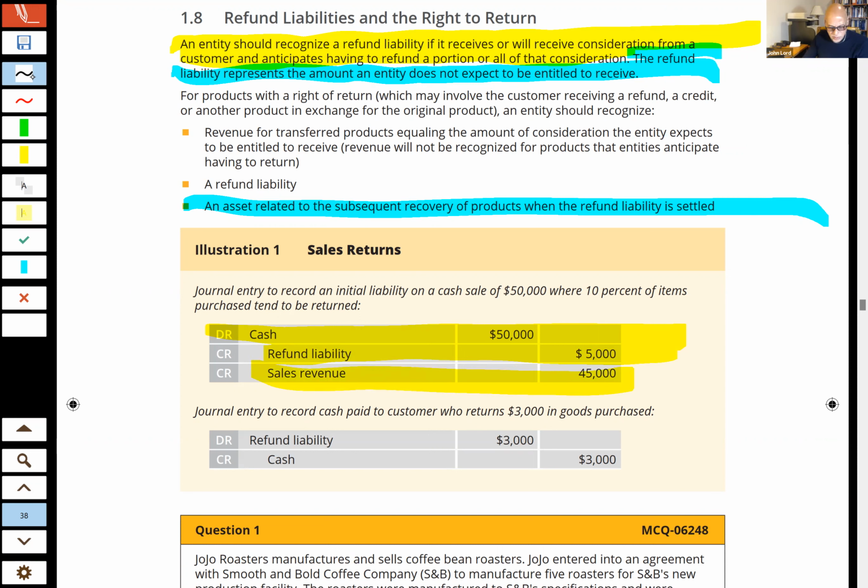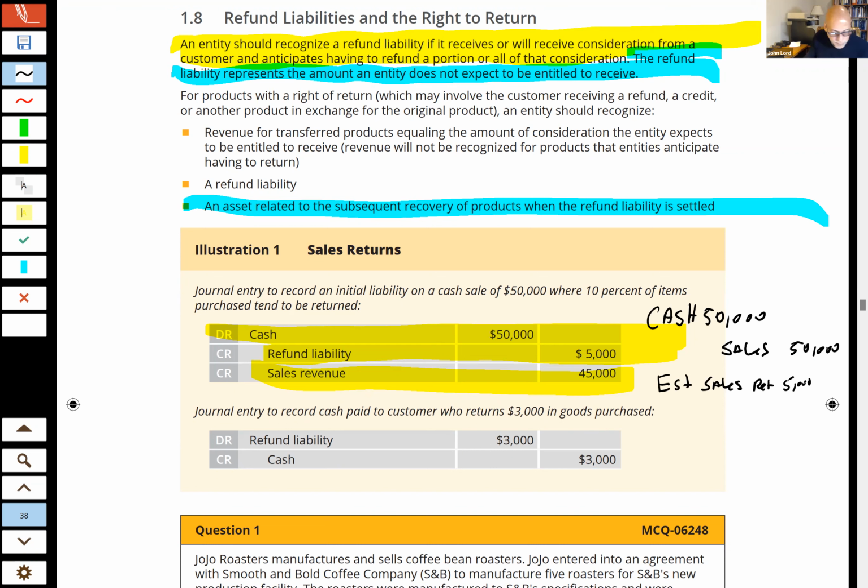I'm not sure why they're showing it like that. Because what you would probably do is debit the cash for $50,000 and credit the sales gross for $50,000. And then you would debit estimated sales return for, what is it, 5,000?